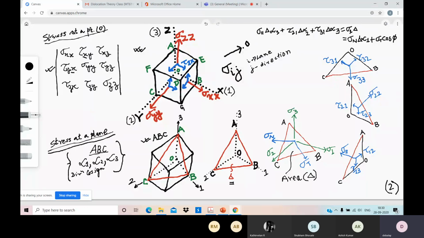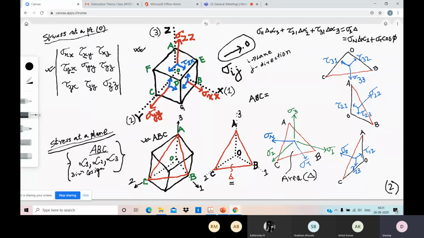Now the stress that will act on the ABC plane will actually be the resultant of the stresses that act, because you are basically applying stress at the origin in an arbitrary way. So how is the body subjected to that stress? The stress on the ABC plane will depend on the stresses acting on the face planes.